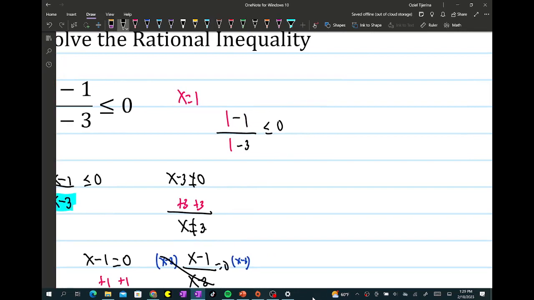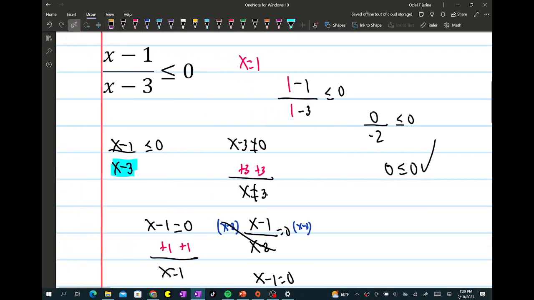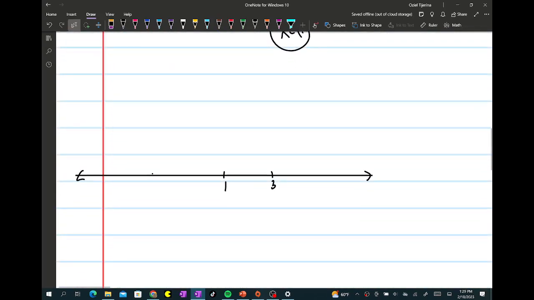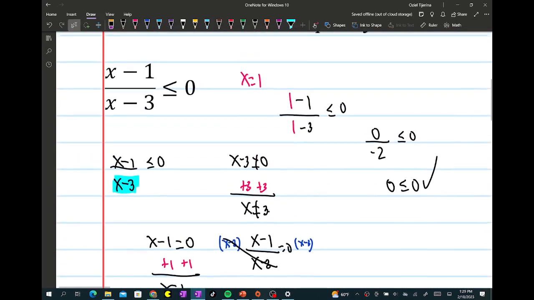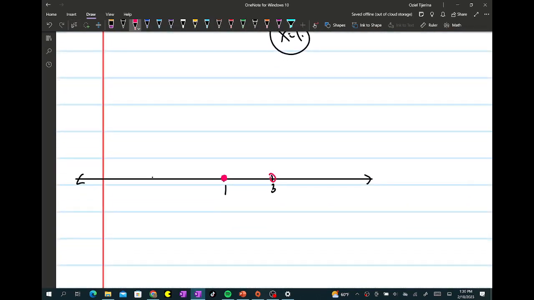This is true because 0 over negative 2 is 0, and 0 is less than or equal to 0. So I can include 1 in the interval. Now, as for 3, it's in the denominator, so we can't include that, right?